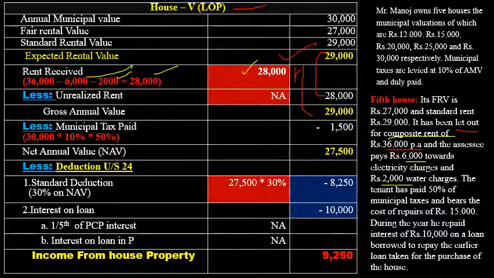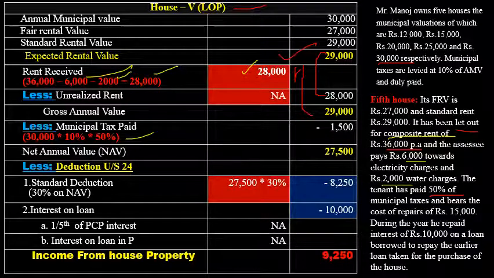Next is the municipal tax paid. It is 1,500. It is 10% of the municipal value, where 30,000 is the municipal value, into 10%. Then 50% of the municipal tax has been paid by the owner and 50% has been paid by the tenant. So we have to take only 50% because SSC paid 50%.